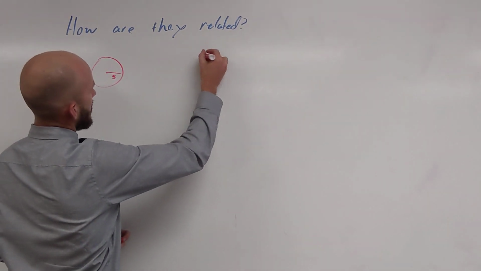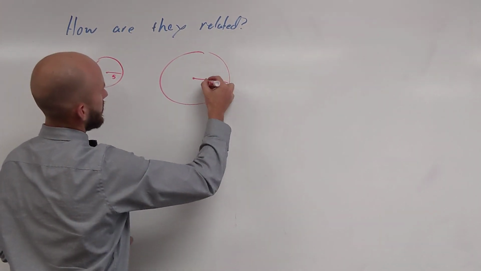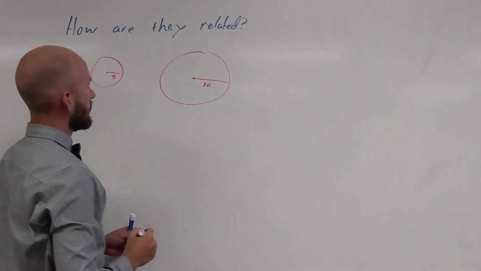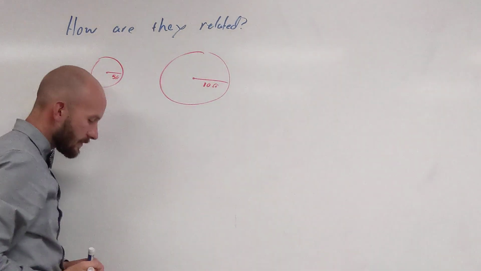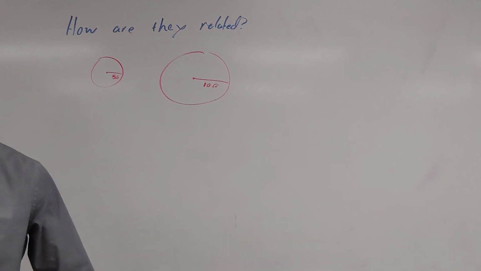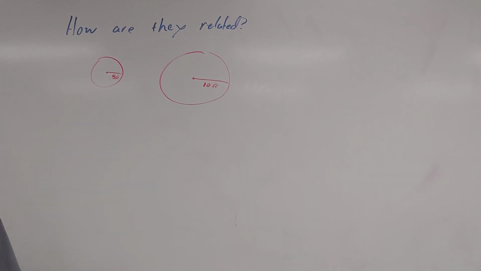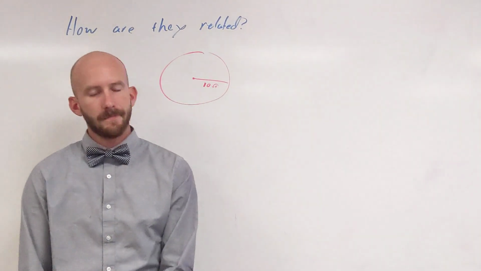So I like to have a practical comparison. One's got a radius of 5 feet, one's got a radius of 10 feet. So let's pretend these are two merry-go-rounds, like what you used to have at the playground at elementary school.